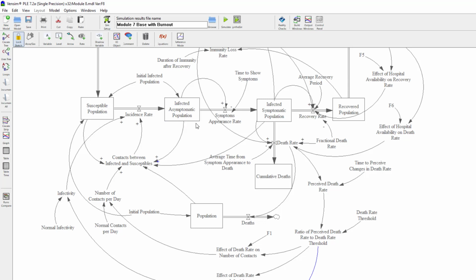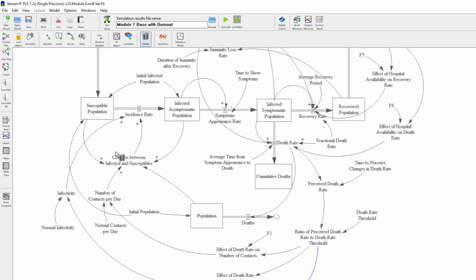Since we're not going to hospitalize or quarantine these asymptomatic people, things will be the same in this case. However, now we're going to get rid of this arrow coming from the infected symptomatic population to the contacts. So we delete this. And what we're going to do is calculate those infected symptomatic population that are not quarantined and that are not hospitalized.